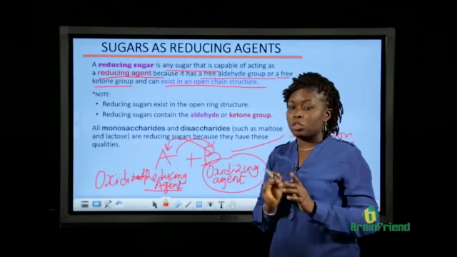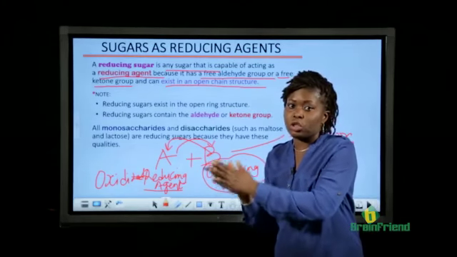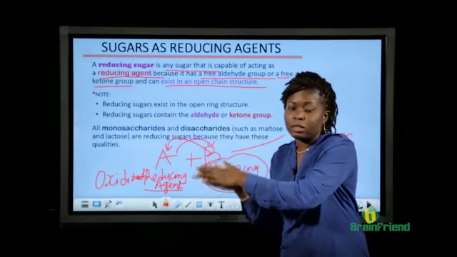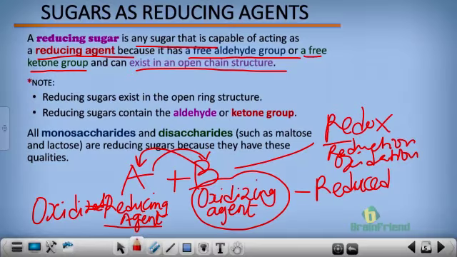Remember earlier we said some sugars can exist in the open chain structure and in a cyclic structure. So sugars that can act as reducing sugars have to be able to exist in an open chain structure. This tells us that there are some sugars that cannot exist in an open chain structure. Such sugars are not reducing sugars. All right? And they must contain a free aldehyde or ketone group.